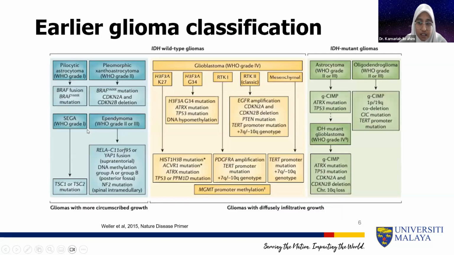Earlier glioma classification looked at the histological aspects, and it is now moving towards the inclusion of molecular classification as well. You can see that it can be divided into IDH wild type gliomas and IDH mutant gliomas, but within that classification there are subgroups based on histological classification.